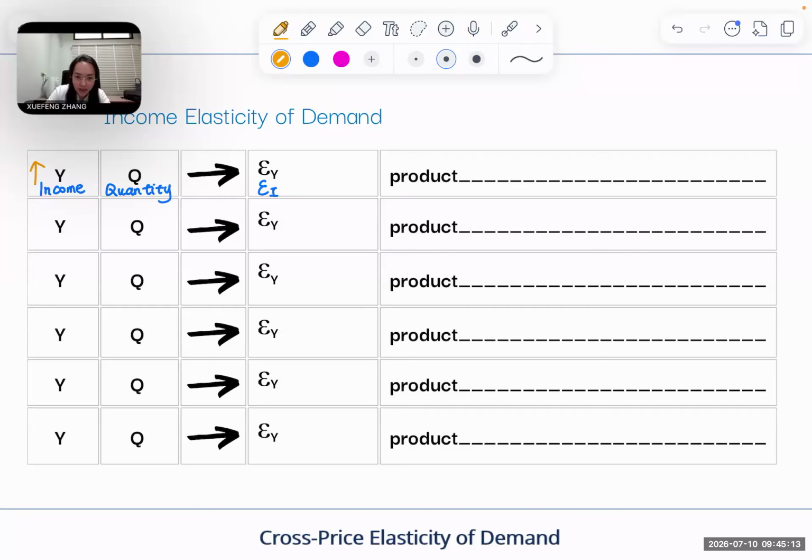The quantity increases, let's say double, I use two arrows. So in this case, your income elasticity will be greater than 1. Why? Because a little increase in your income, but big increase in your quantity. So this product is a normal luxury.